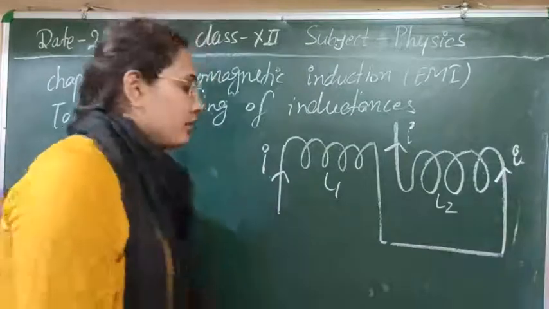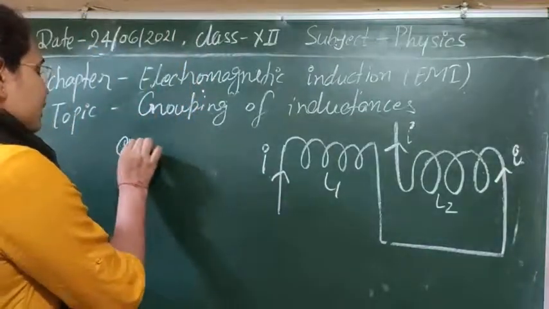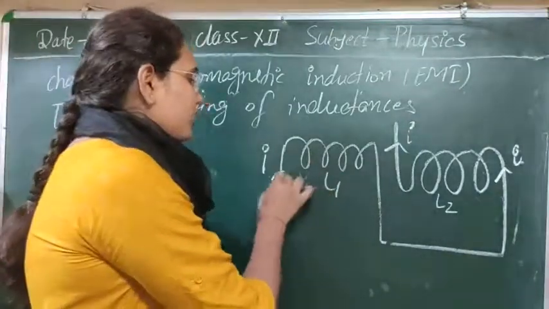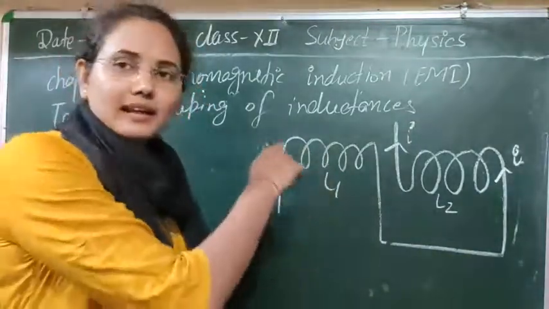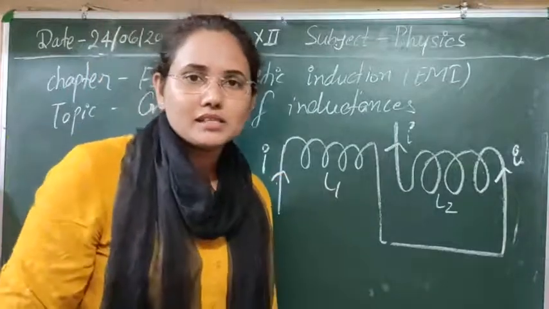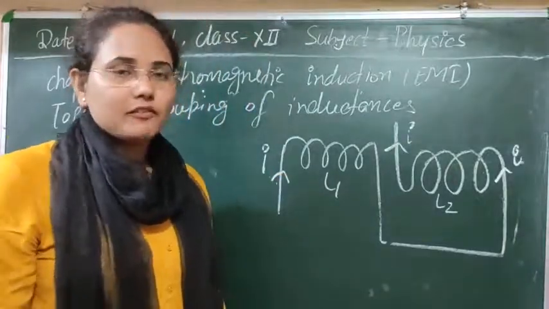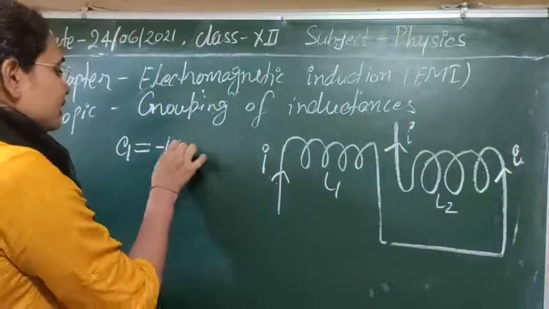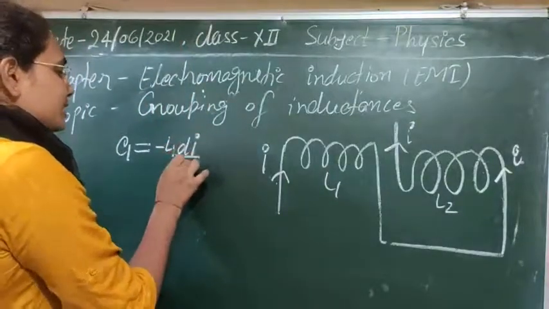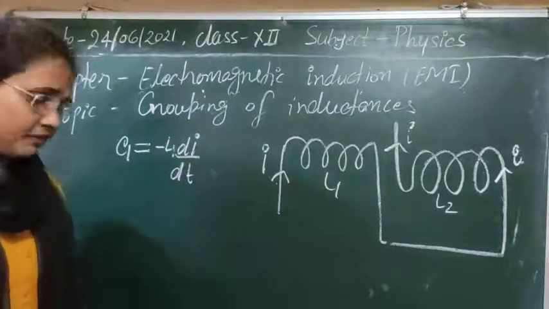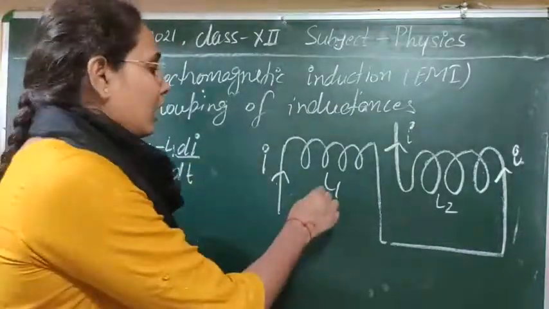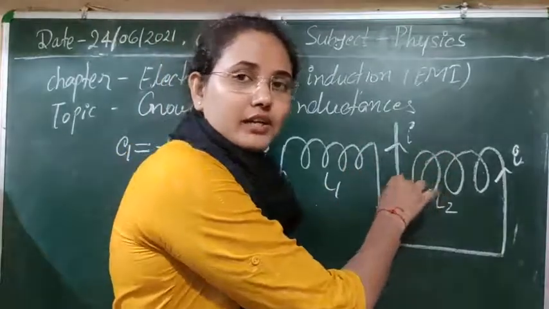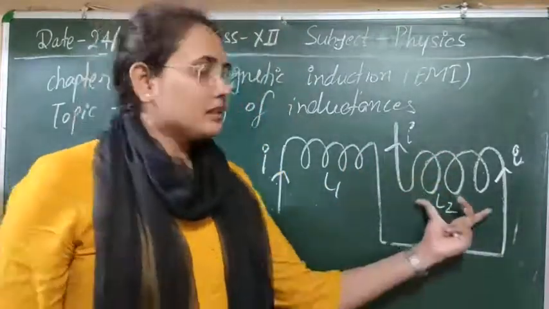So let's first write down the values of induced EMF. For the first coil, as I current is flowing there, that current will change the magnetic flux inside it, and due to the change in magnetic flux we get the self-inductance property. So according to the self-inductance property, the value of induced EMF is given by this one value. Now as the flux is changing, this will induce a change in the flux of this secondary coil.